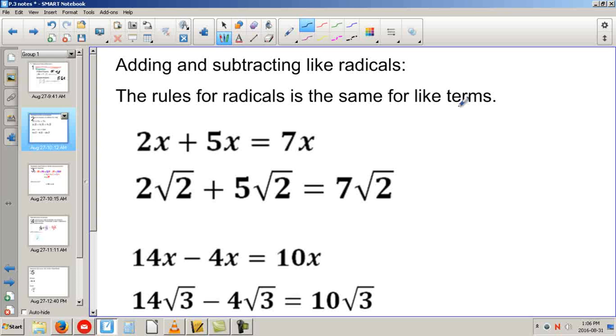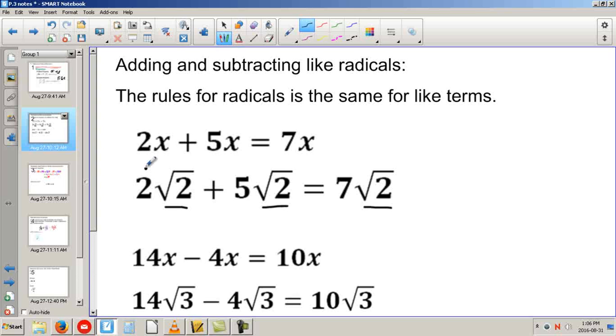Now, if we wanted to add or subtract radicals, a couple things have to be the same. The inside of the radical has to match. It's a lot like terms. So here you see that if we had 2x plus 5x, well, you'd get 7x. The x doesn't change. You just add the numbers in front. Exact same thing here. We're going to pretend that root 2 is the x in the problem. 2 root 2 plus 5 root 2.